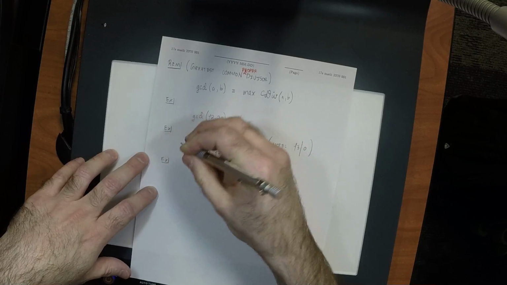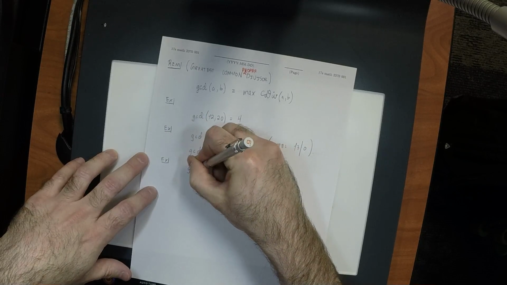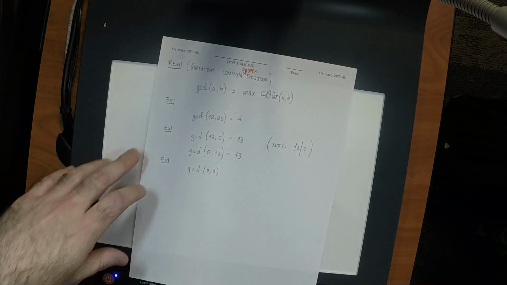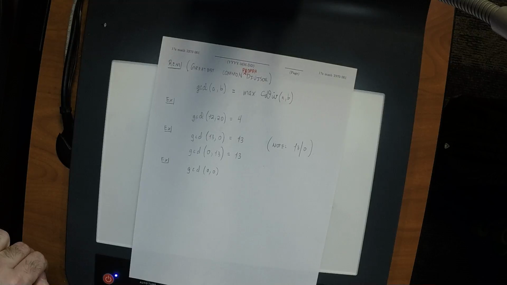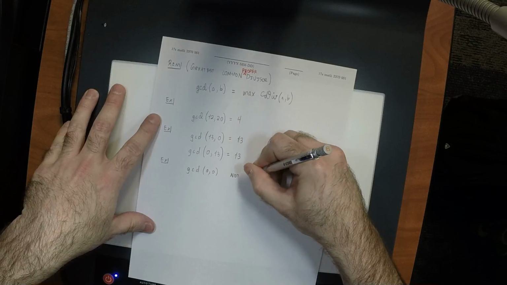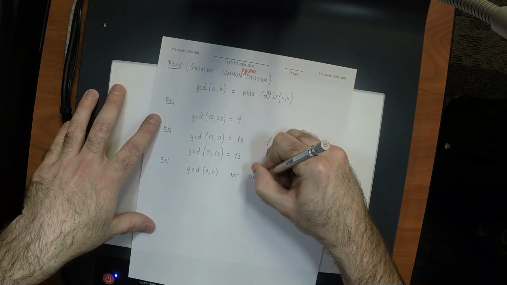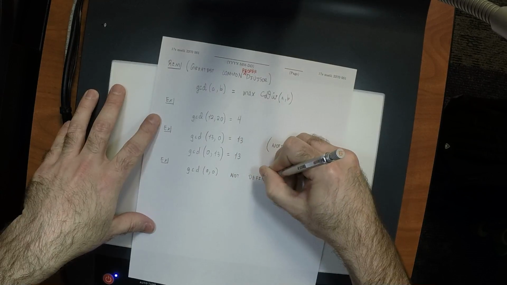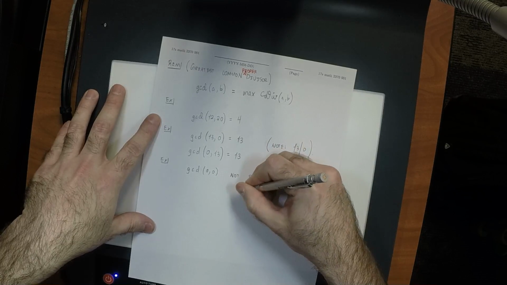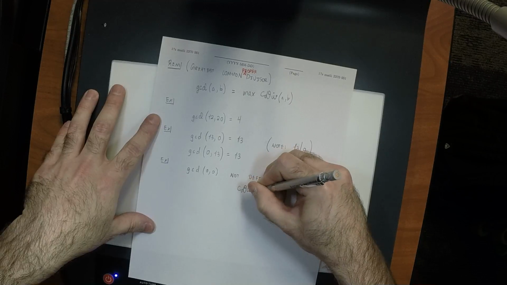And now here is the last one that we need to know before we get to the general case. What about the greatest common divisor of 0 and 0? Infinity. Infinity is not a number. It doesn't exist. So this is not defined. Because what is the set of common divisors of 0 and 0?